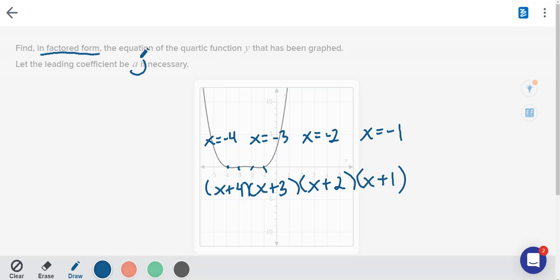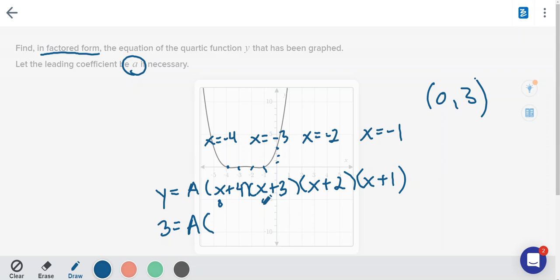Okay, now it says A. So I'm going to put my A here and I'm looking at it. 1, 2, 3. Okay, so the point that I'm reading off the graph is 0, 3. So I'm going to go ahead and plug that in. So I'm putting a 0 in for each of my x's.